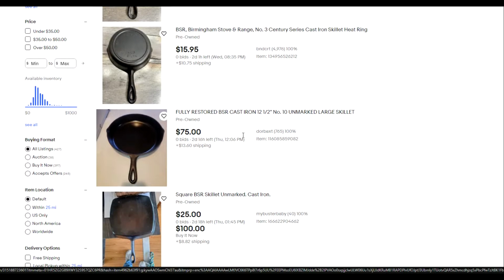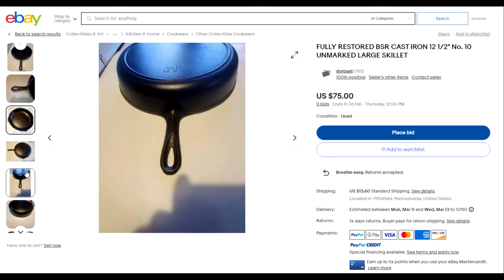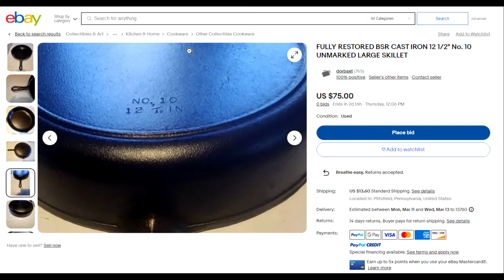Here's a number 10 BSNR so-called unmarked large skillet. Although the fact that it's mentioning 12.5 inches suggests that this might actually be a Century series as well. And yes, it is. We can definitely tell with no problem at all that this is a Century series.